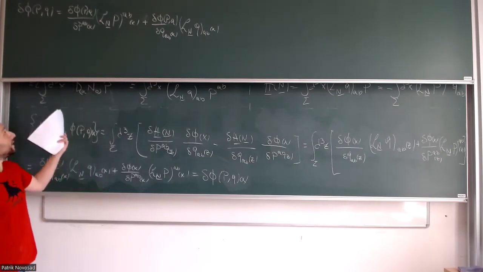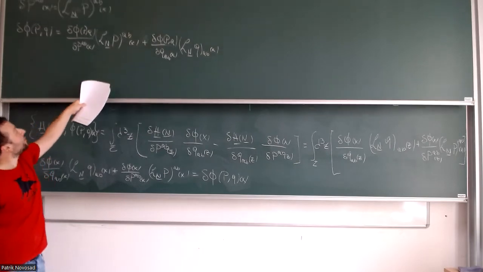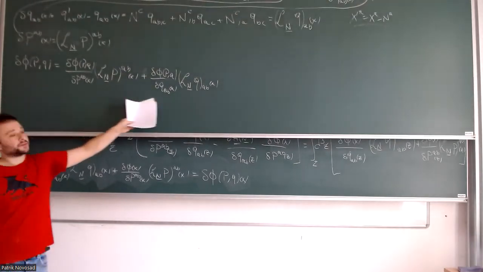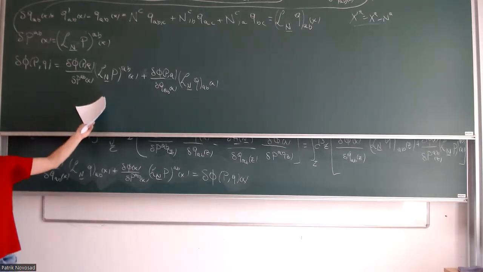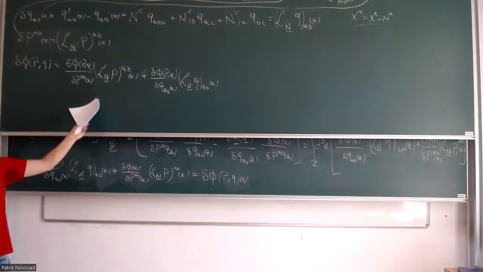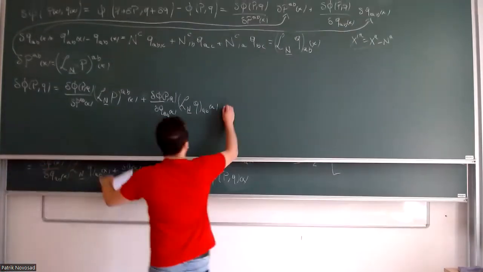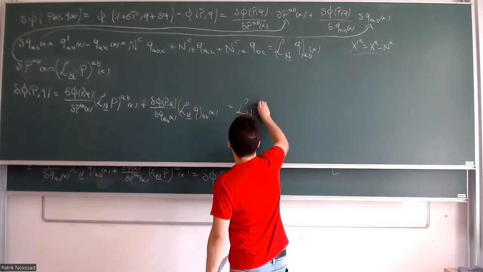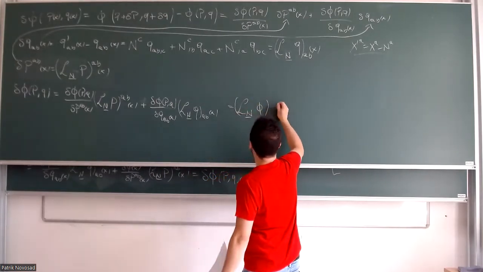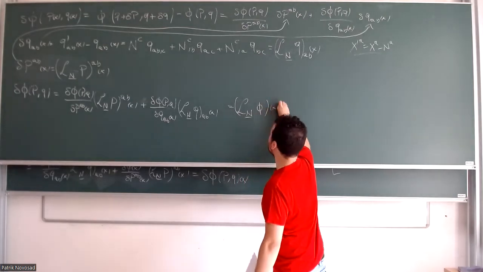And actually, what is this one? Well, this is exactly the Lie derivative of the function along n, of phi, P and Q at the point x.